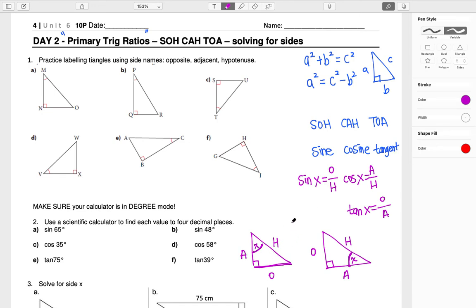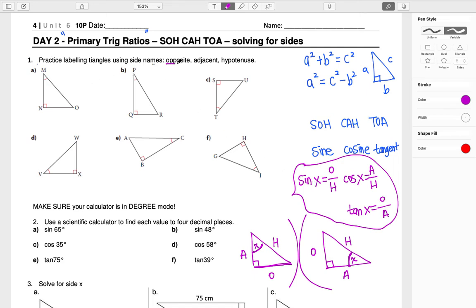So notice how, depending on where your starting angle is, your labeling of adjacent and opposite will change. So please remember to ask yourself, where is your starting angle? And then after that, we can use these primary trig ratios.